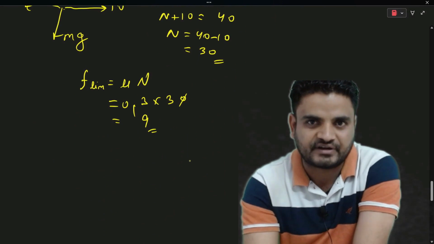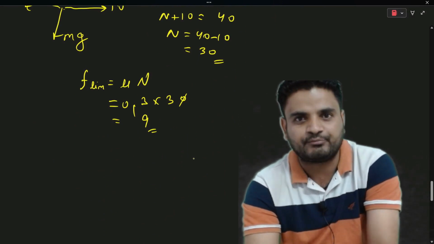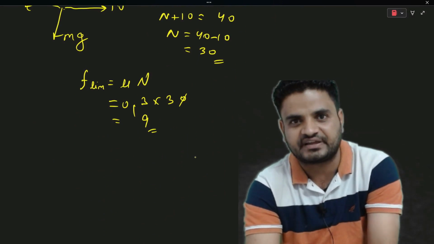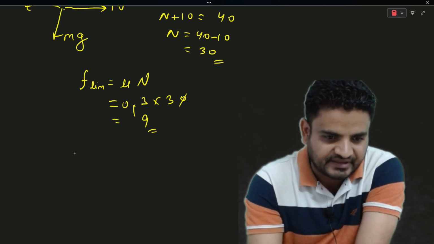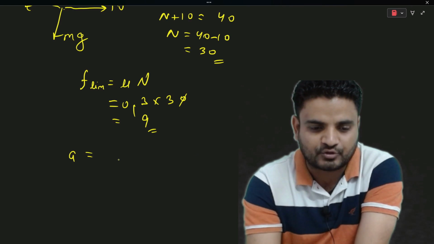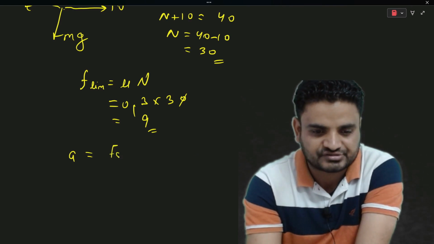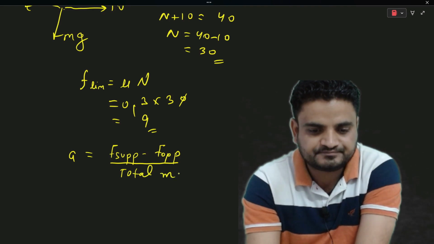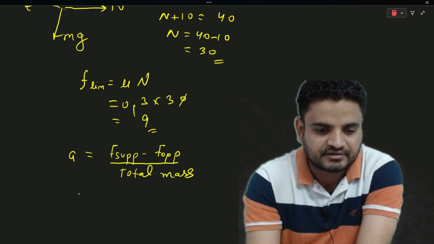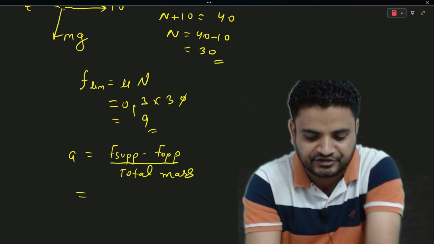So now we have to find the acceleration. If the body will move, the kinetic friction acts between the surfaces. One acceleration formula I will tell you: the supporting force minus opposing force, divided by total mass. So here the supporting force is 10 Newton.